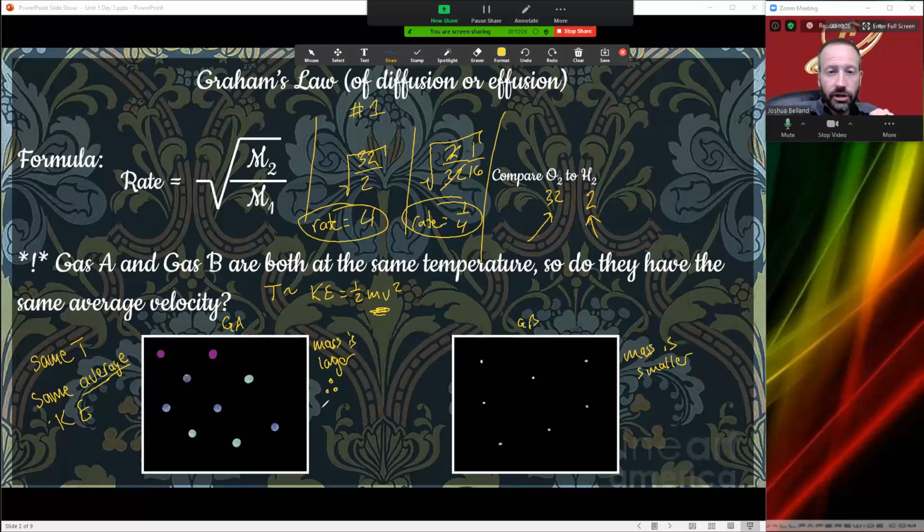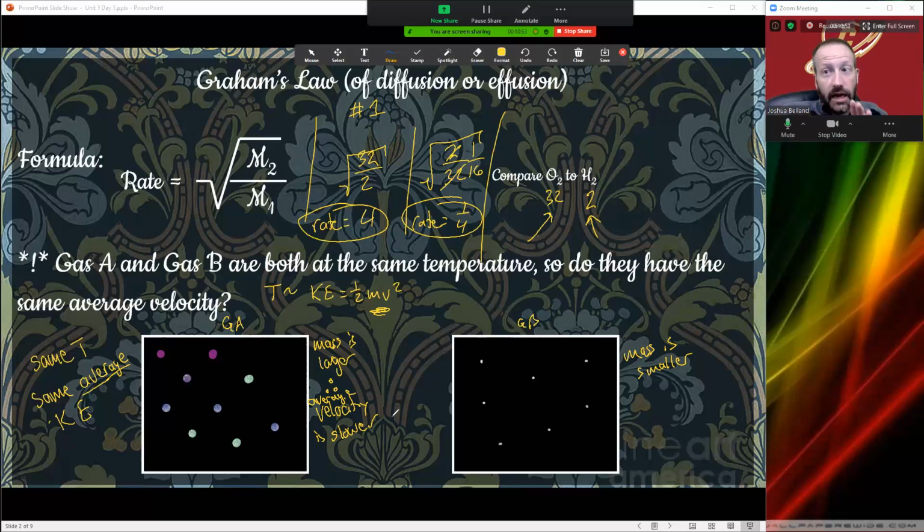Mass is larger, therefore, the velocity, I should very much say average velocity, is smaller or slower or some word that means that. We're good with synonyms, okay?